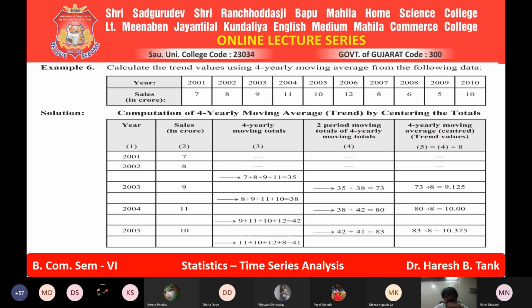So the first element would be the sum of 7, 8, 9 and 11, in between 2002 and 2003. Then it would be the sum of 8, 9, 11 and 10, between 2003 and 2004. Then 9, 11, 10 and 12, between 2004 and 2005, and onwards similarly.